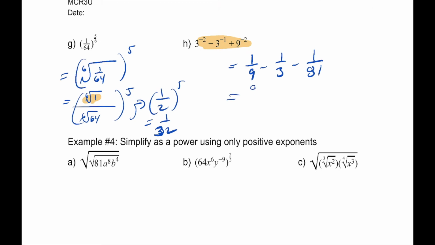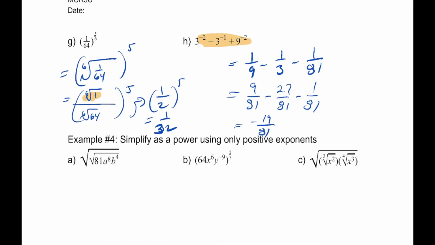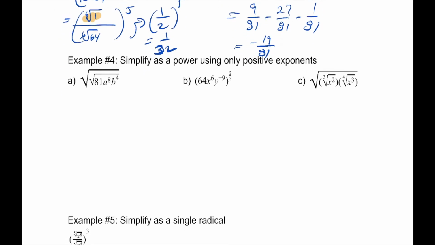That's going to be 9 over 81. 3 goes into 81 27 times, so it's going to be minus 27 over 81, minus 1 over 81. So 9 minus 27 is negative 18, minus 1 is going to be negative 19 over 81. Okay, that one sticks out a little bit because it's actually not dealing with rational exponents.